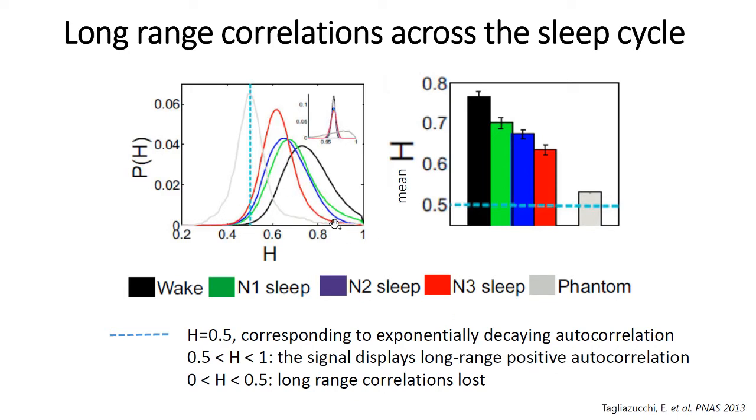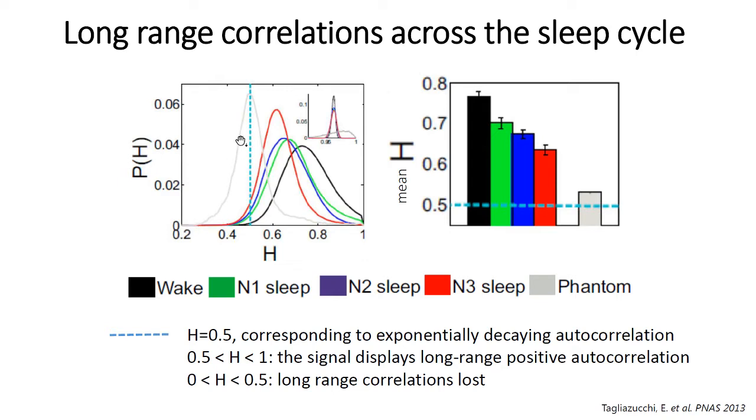And as you start falling asleep, with early sleep in green, then blue for N2 sleep, and then red for N3 sleep, these distributions start to shift towards having a peak at 0.5, which is signals that basically lack temporal correlations. And we also put a phantom in the scanner, which is just a bag with water.